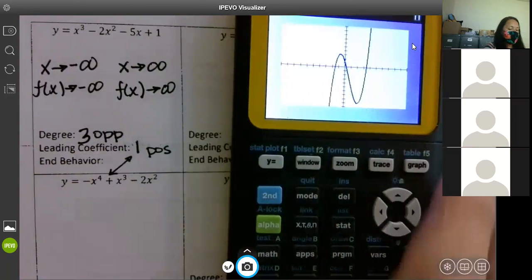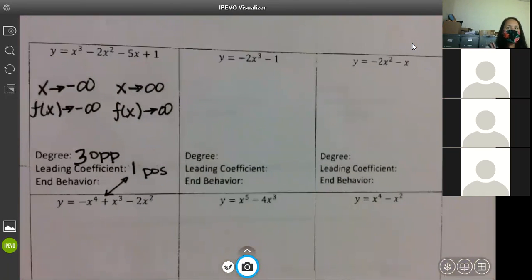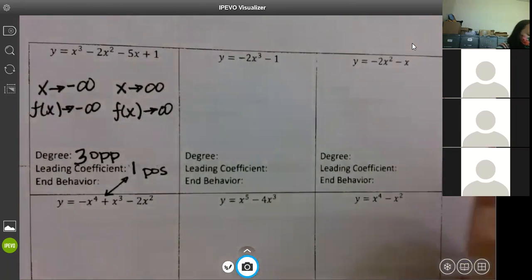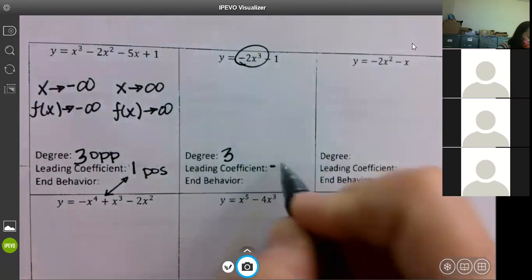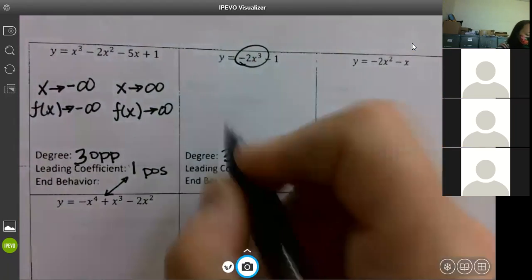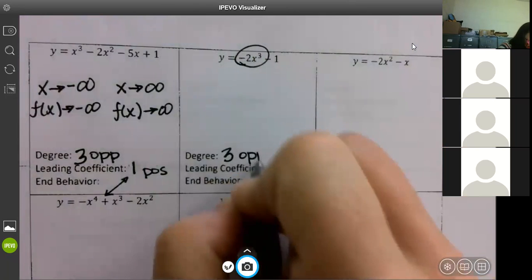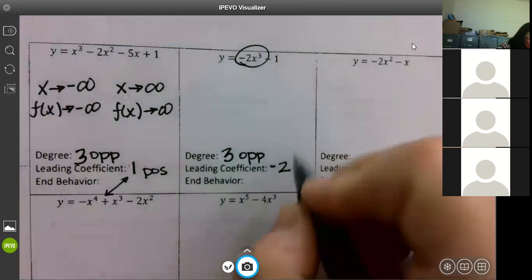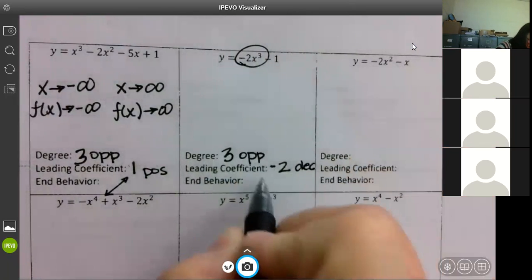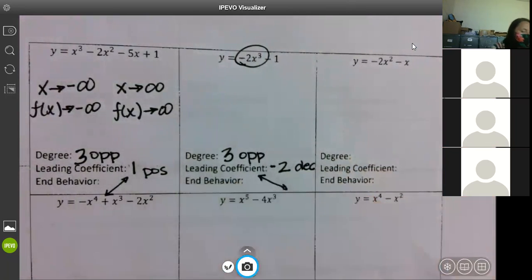All right, look at your next one. What's your highest degree? 3. What's your leading coefficient on that 3? -2. So this is odd, which means opposite directions. -2 means it's going to be decreasing, okay? So it looks like this.